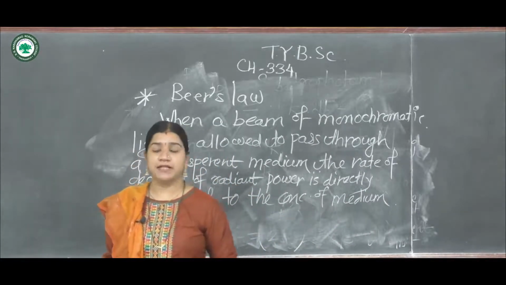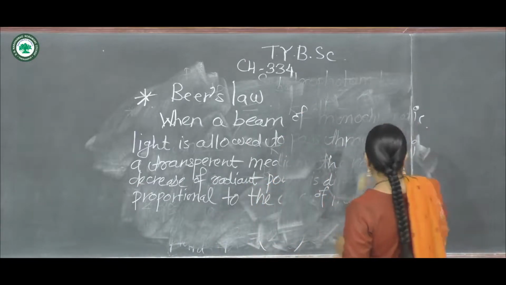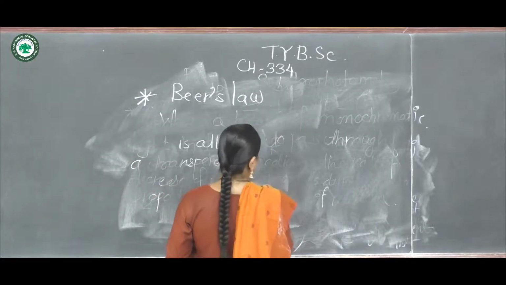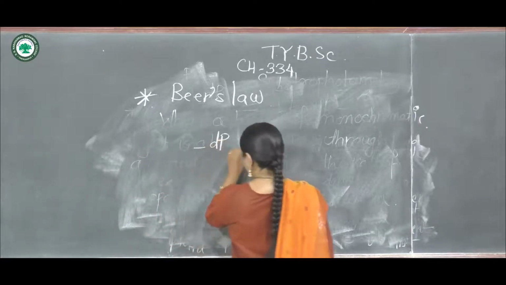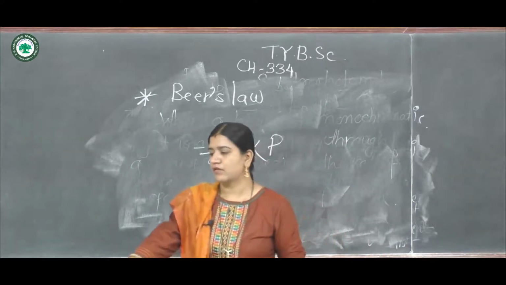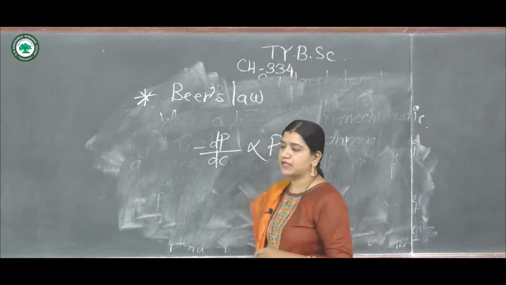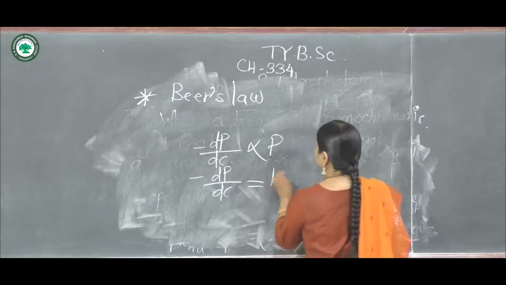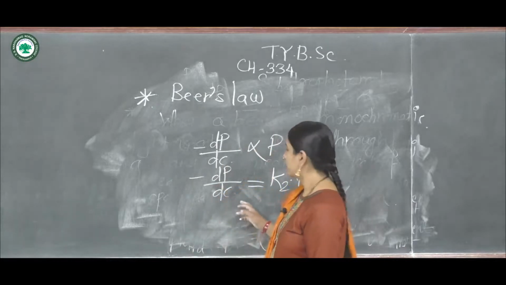What is actually the mathematical statement for this? Minus dP by dC is directly proportional to P. Or we can write, minus dP by dC is equal to K2 into P. Now what we have to do?